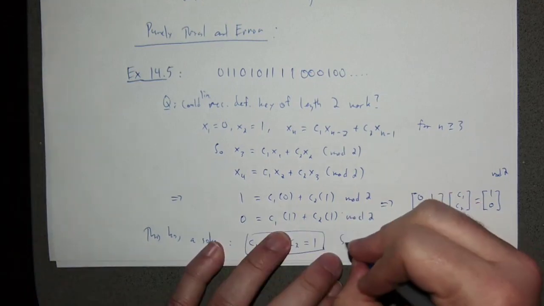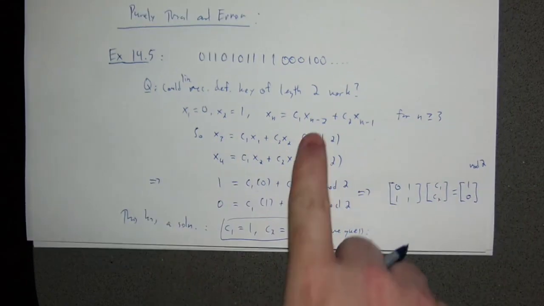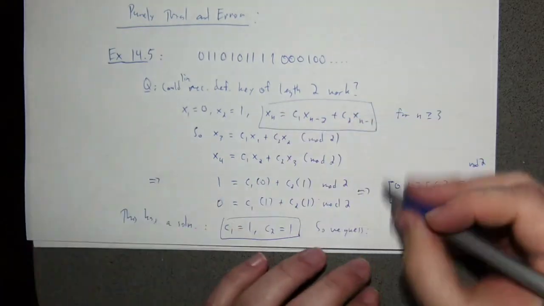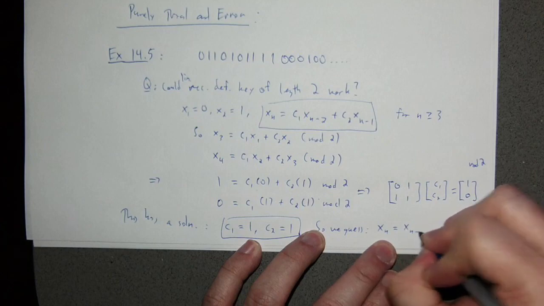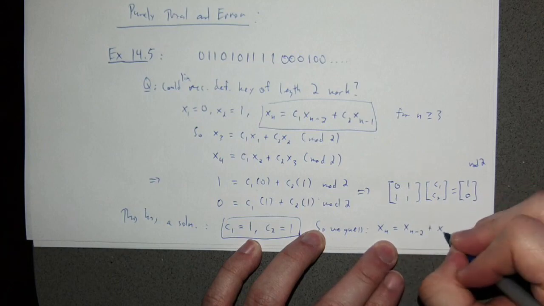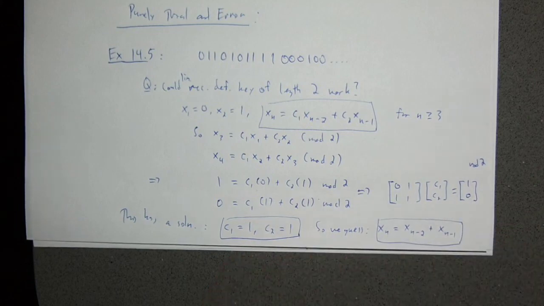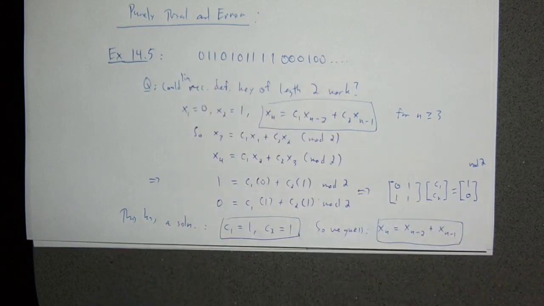So we guess, coming back here to our original guess on what this recursion is, so we guess that x sub n is equal to x sub n minus 2 plus x sub n minus 1. Okay. All right. And then you test it on the fragment of the key that you're given.